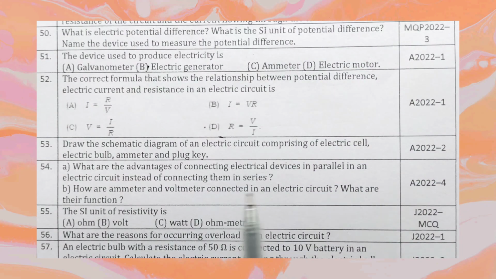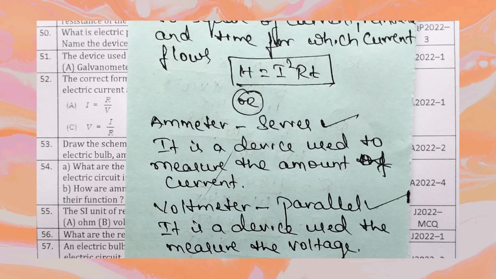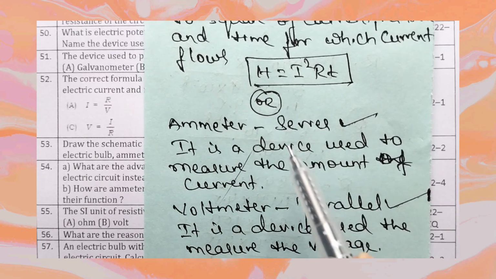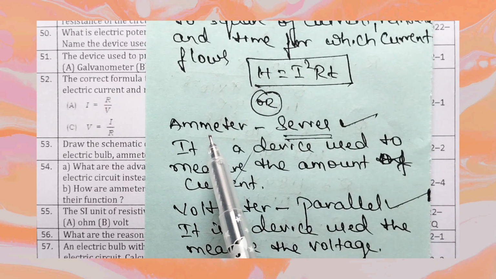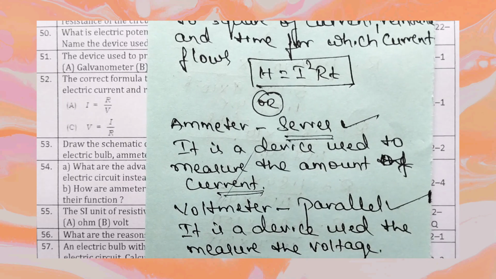That is one. The second question they asked is how are ammeter and voltmeter connected, and what are their functions. Let us answer that question. So ammeter is always connected in series and the function of ammeter is it is a device used to measure the amount of current in the circuit.